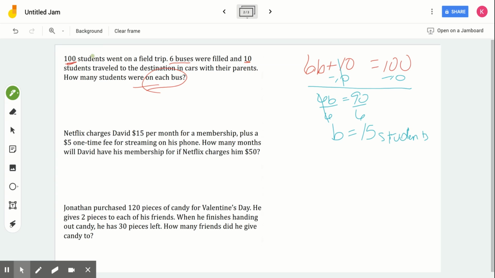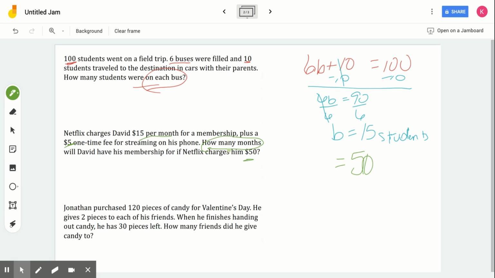So we don't know how many months. That's what we're trying to figure out. We know that it's $15 per month plus the $5 fee, and they're charging him a total of $50. So here we can start our equation and know that we're going to need a total of $50.